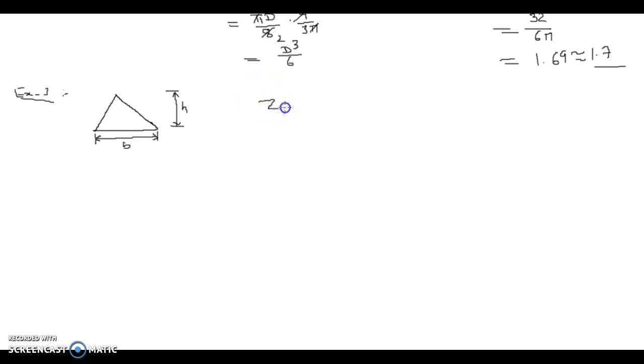So what is my Z here? Now ZE, I know where my neutral axis lies. So Z is equal to I bending about Y max. Okay, so I is equal to what? It is BH cube divided by 36, right? Divided by what is Y maximum? It is 2H by 3. So how much is this?